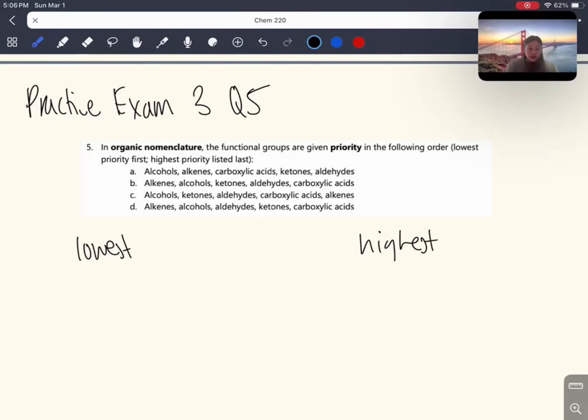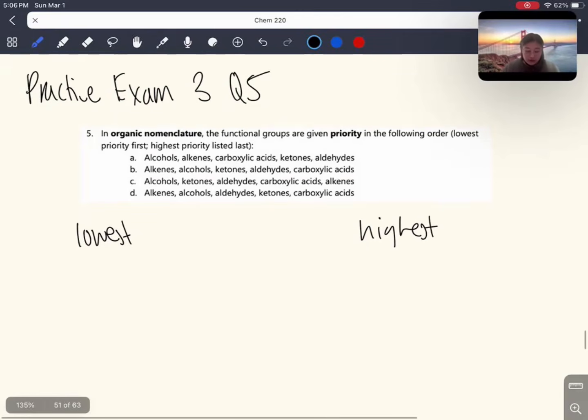This is a mnemonic I use to try and remember the ranking of the functional groups. It's not perfect, but it covers most of the functional groups that you need to know typically.